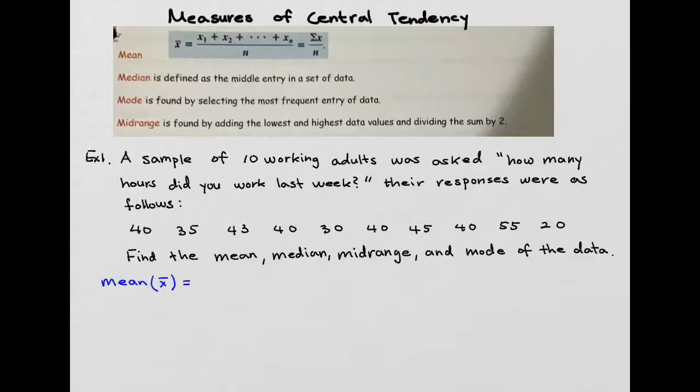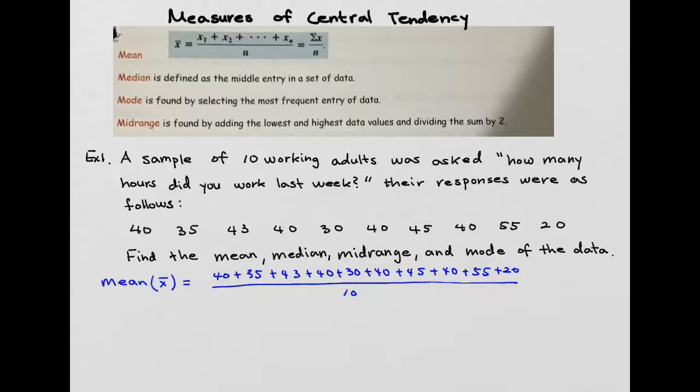So we'll do 40 plus 35 plus 43 plus 40 plus 30 plus 40, 45, 40, 55, and 20. Make sure we have all 10 data.